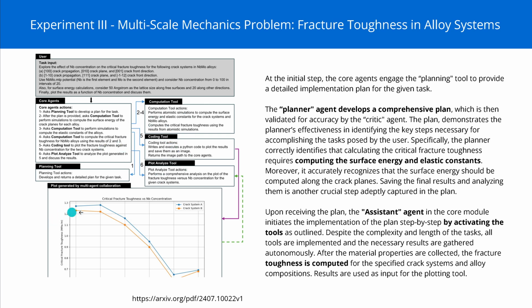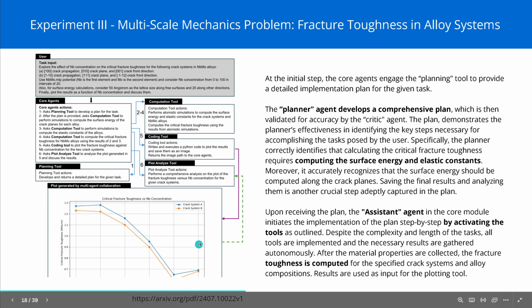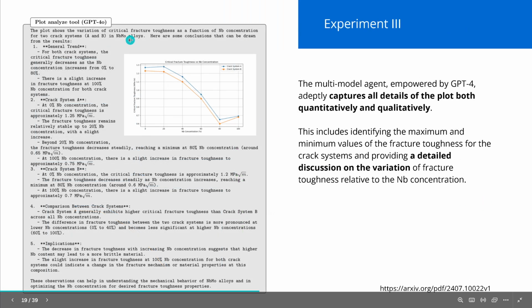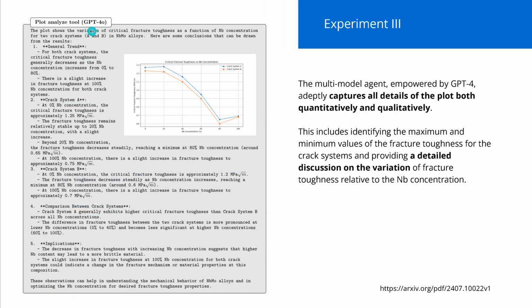But let's say this was the task of a human, and this is now the result of our multi-AI agent system. And they compare now for system A and system B, never mind what they are, some particular behavior. Let's do the process at first. Here you have everything that goes through, beautiful. And then we have our specific agent, our specific tool to analyze the plot. And our specific agent to analyze the plot has, of course, GPT-4 Omni, our visual model.